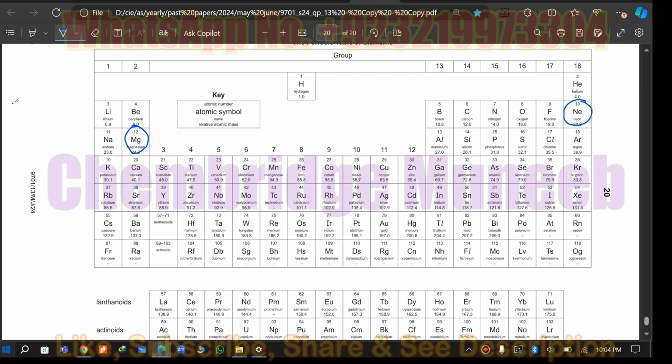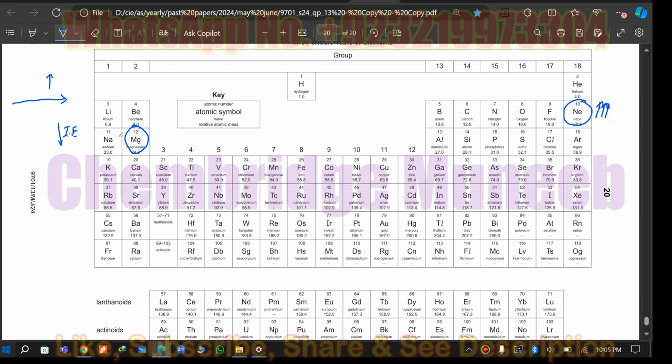As we know, ionization energies increase from left to right, and the 0 group or the 8A group has the highest value of ionization energy, which means neon will have such a high value. And as we shift to the lower period, the ionization energy decreases down the group. As we increase the number of shells, the ionization energy decreases.